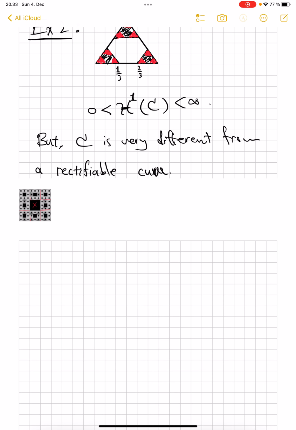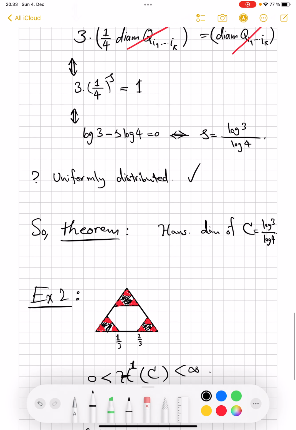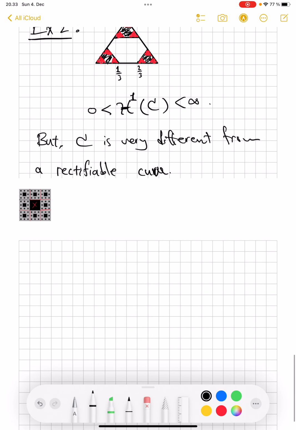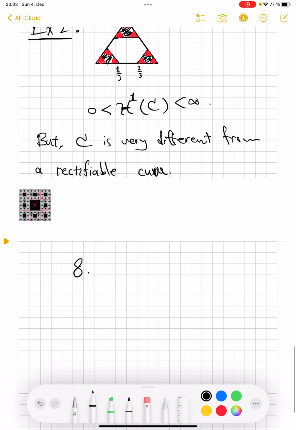And if we do a similar calculation to this one here, you will see that the requirement for S is that 8 times the diameter of each one of them, which is 1/3 of the old diameter, to the power S must add up to the old diameter to the power S. So they cancel, you get 1.